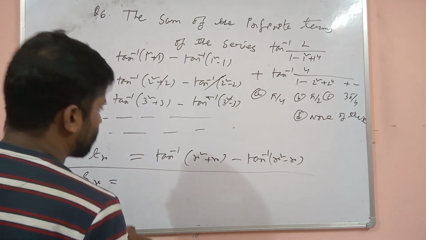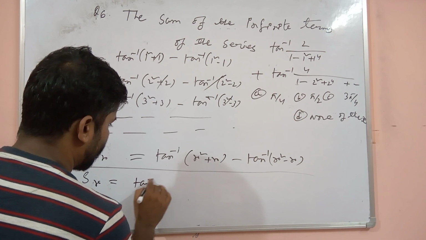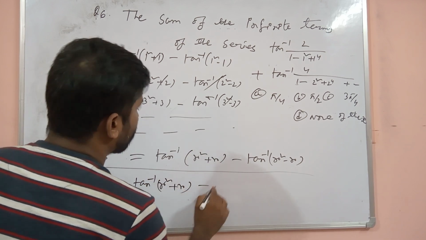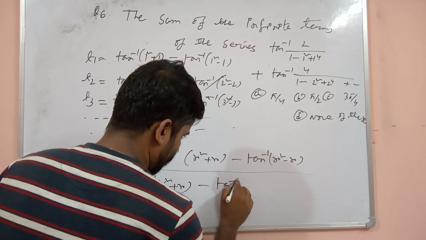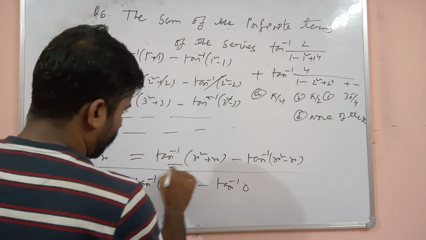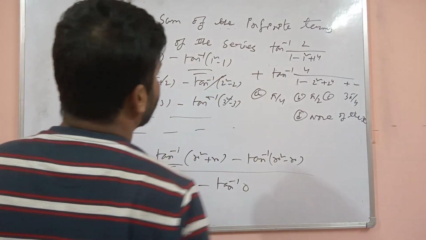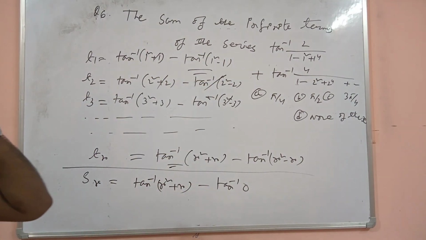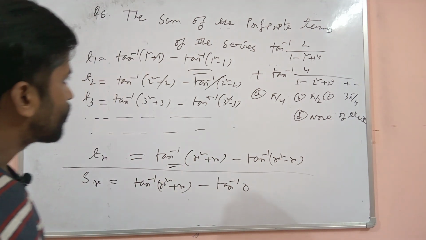Okay, this means tan inverse r square plus r minus tan inverse 0. Only these two terms will be left here. The rest of all terms will be cancelled.